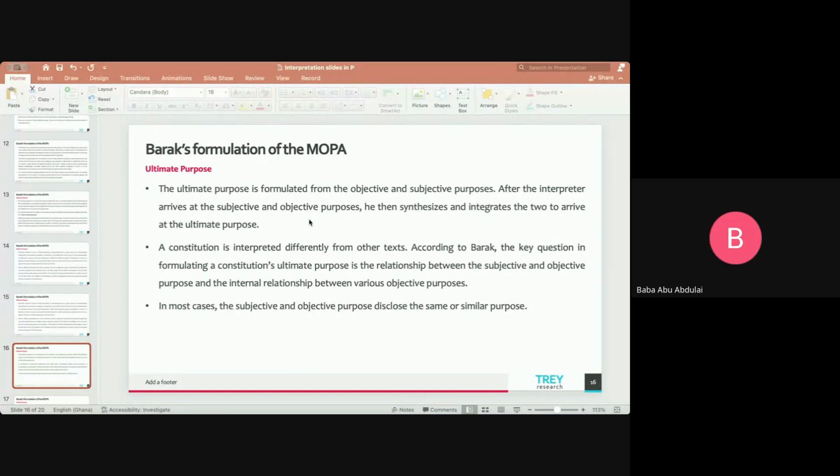Yeah, thank you. In my opinion, we will have to use the modern purposive approach. And so the Barak's format is what will be applicable. But I'm asking, when there's a conflict between the objective purpose and the subjective purpose, which one will prevail?